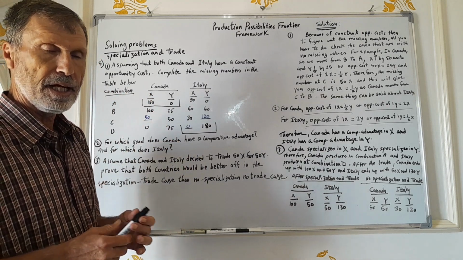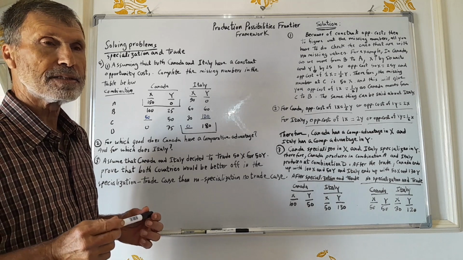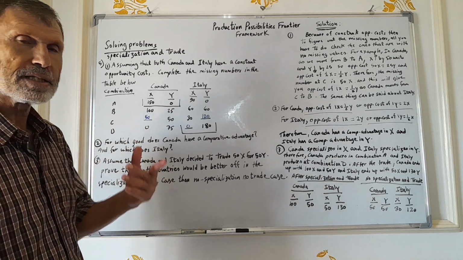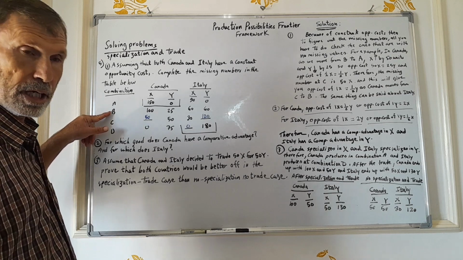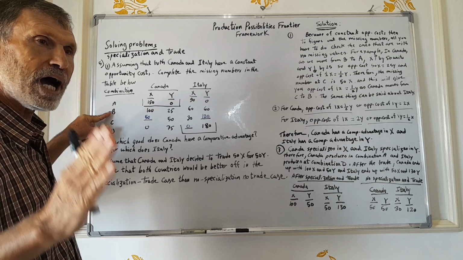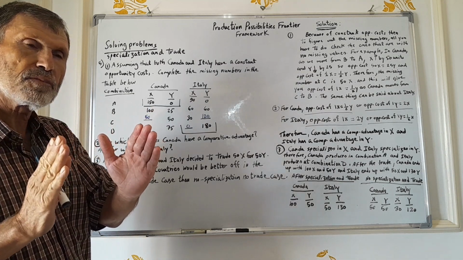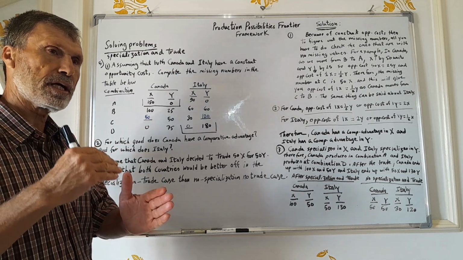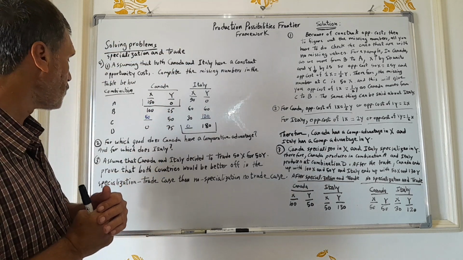Since Canada has a constant opportunity cost, let us start with the combination that doesn't have any missing. We start from B. We do this to find the value of the opportunity cost, because that value should be the same for all combinations as we move from A to B, B to C, to D, and so on and so forth.